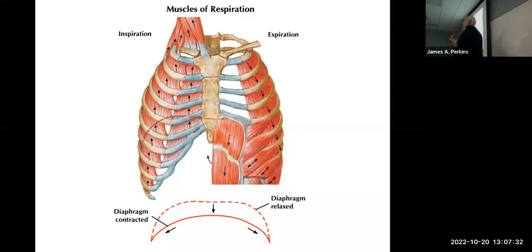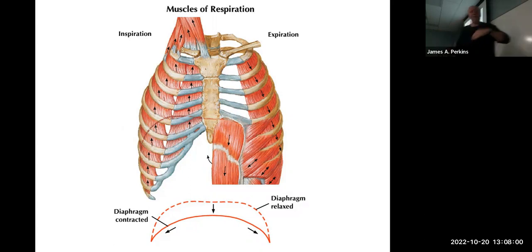When the diaphragm contracts and the muscle fibers in the diaphragm contract, the diaphragm actually becomes more tight and flattens out. So instead of arching way up into the thorax, it flattens out, which causes it to pull downward. And it literally pushes some of the abdominal organs downward a little bit, pushes the liver, the stomach, and the spleen downward into the abdomen a little bit as it flattens out.